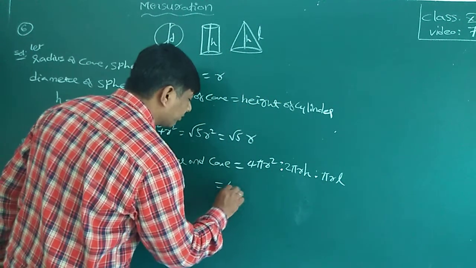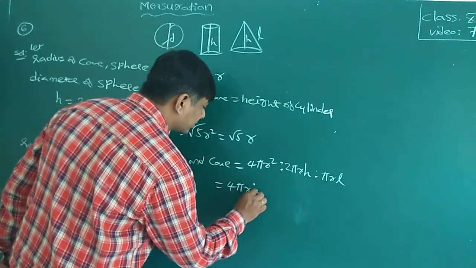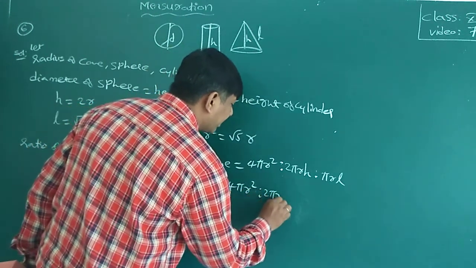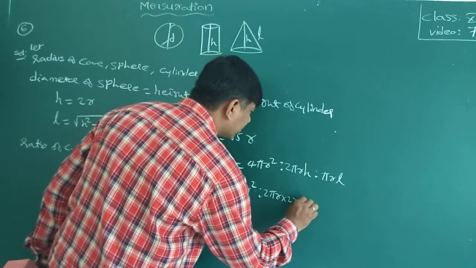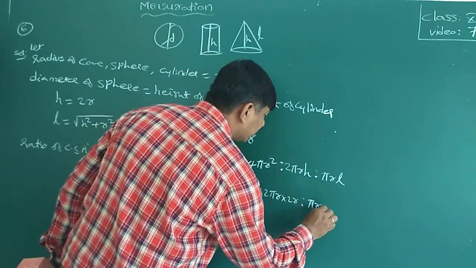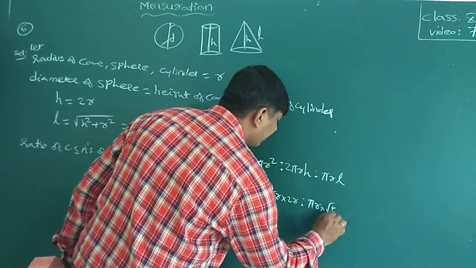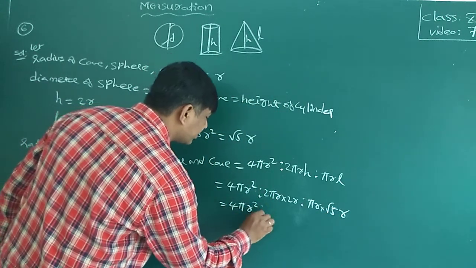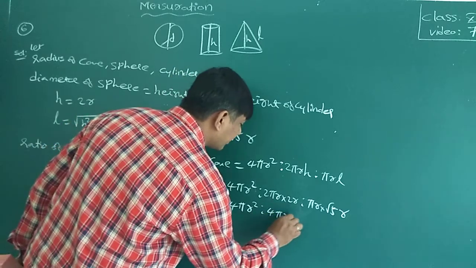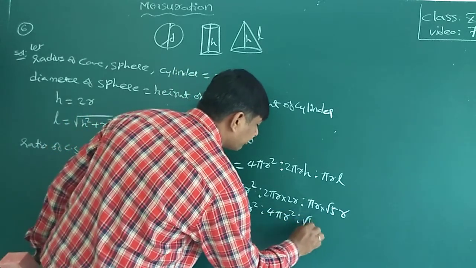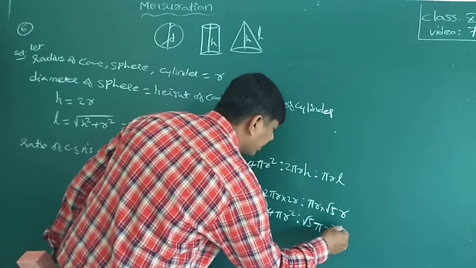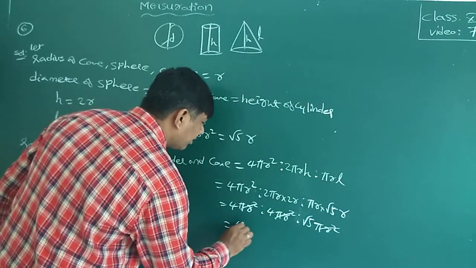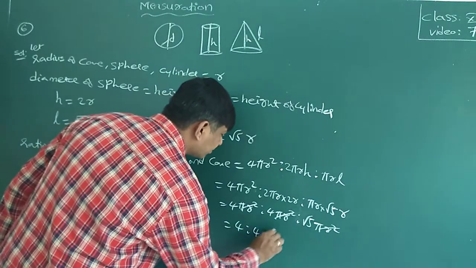That is 4 pi r square is to 2 pi r into 2r is to pi r into root 5 r. That is 4 pi r square is to 4 pi r square is to root 5 pi r square. Pi r square cancels, giving 4 is to 4 is to root 5.